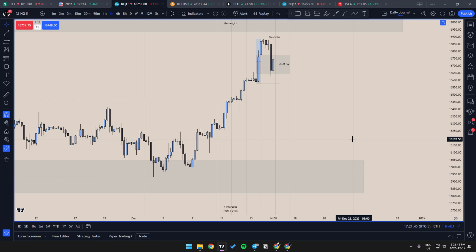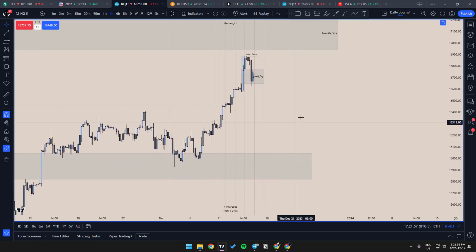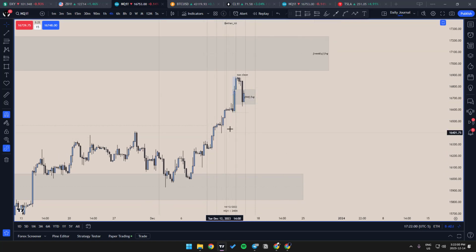Week 3.1, my notes for that. So if we're using the weekly quarters, as of right now, what I'm looking at is Q1 looks like accumulation. Q2 is likely to be manipulation.